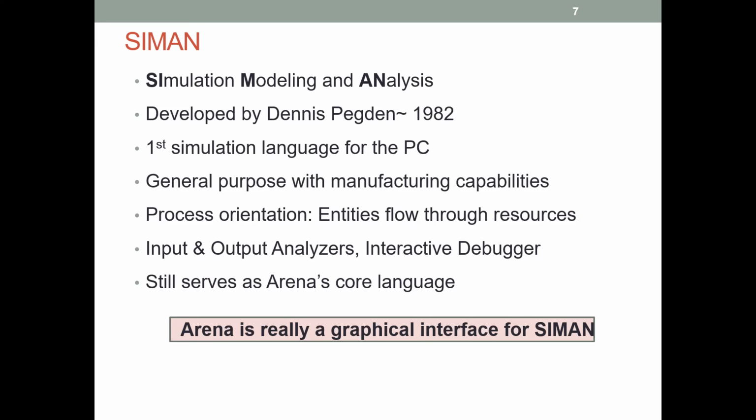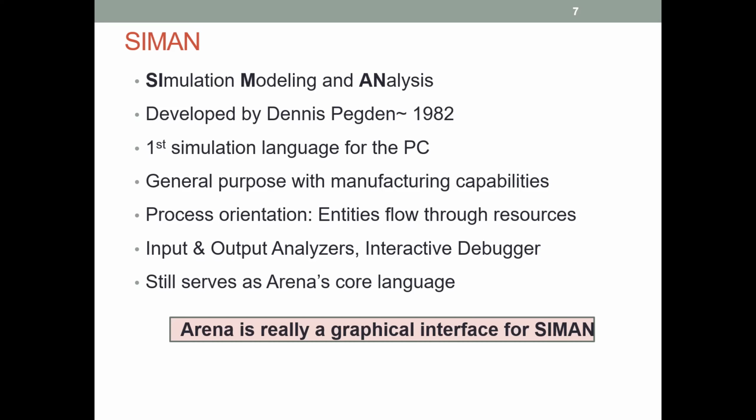It was general purpose with manufacturing capabilities, has an orientation in terms of process in which you have entities, the objects of interest, moving through some of these resources. It had input and output analyzers, also an interactive debugger, and it serves as the Arena core language.